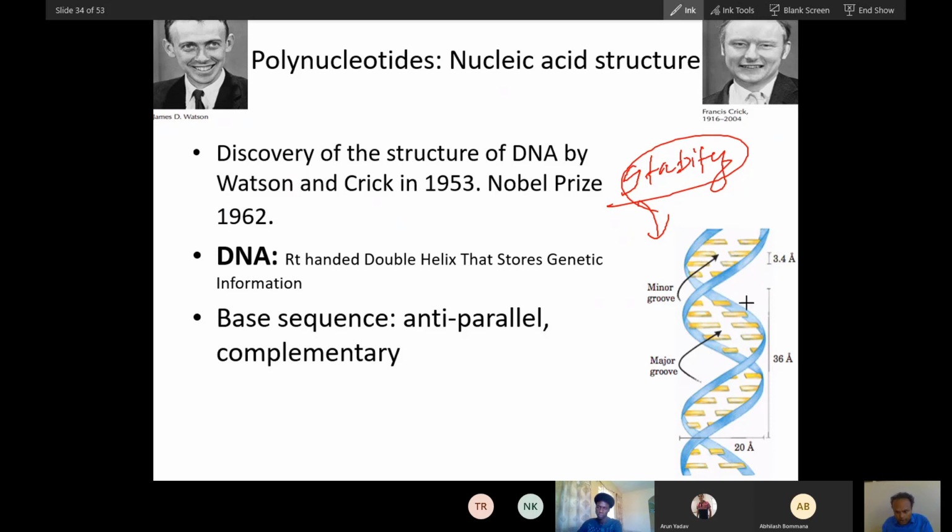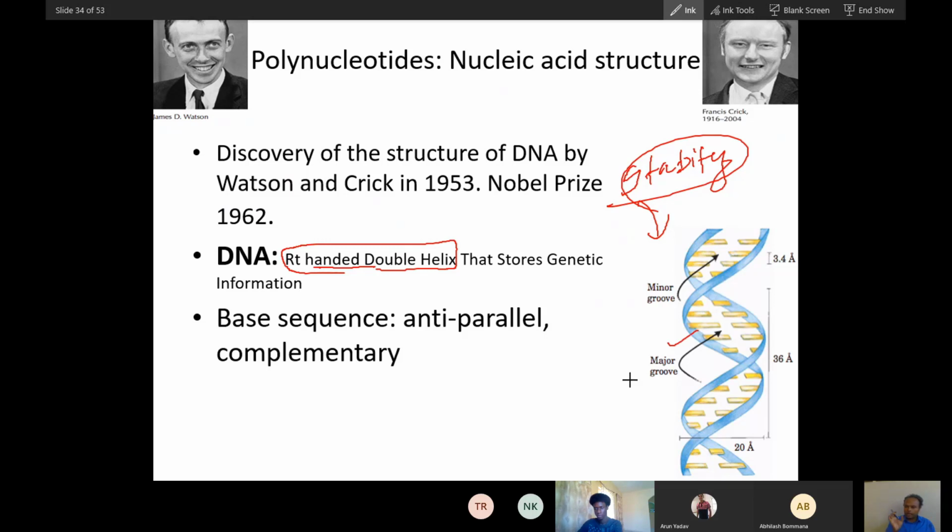This is how DNA attains a double-stranded, right-handed helical model. It is double-stranded because of hydrogen bonding, and the right-handed twist is because of the interaction of water and hydrophobic interaction. So hydrophilic and hydrophobic interaction make it twisted. This is the result of the DNA structure. So DNA is called a right-handed double helix.